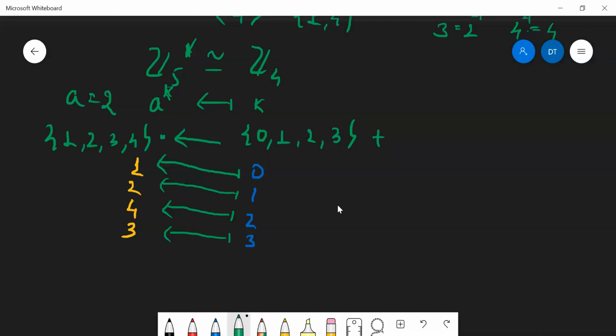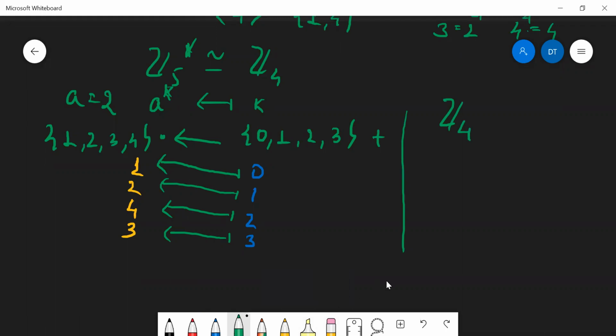Okay, but now if I want to find all the generators here, it's similar to finding all the generators here. But how do you find a generator in Z4? So now it's a question of how to find a generator in Z4.